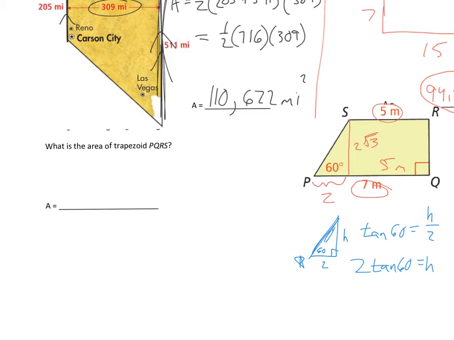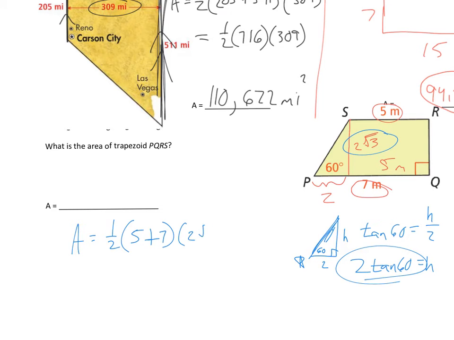And if you put that in your calculator, what you'll find is you get the same thing as if you just did 2 radical 3. Either way, the formula is 1/2 base 1, which is 5, plus base 2, which is 7, times the height, which is either 2 tangent of 60 or 2 radical 3. It doesn't really matter which one you use.